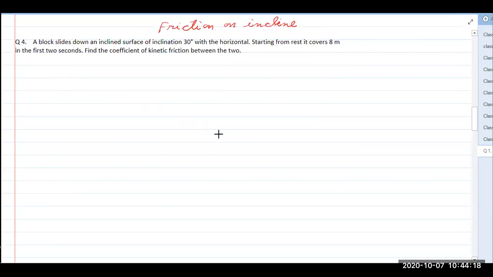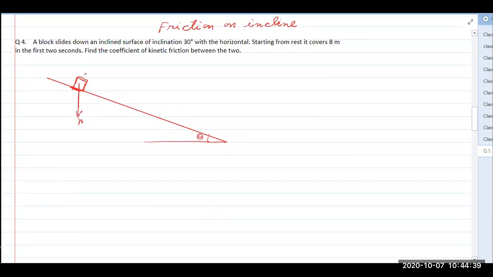First I will derive a general expression and then apply it to this particular case. Suppose I have an object here, and this inclination is theta. We need to find its acceleration. So what are the forces?